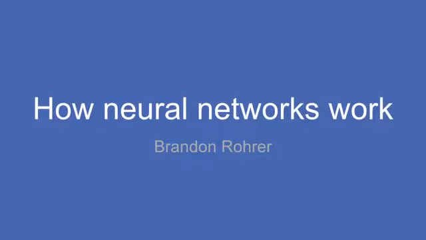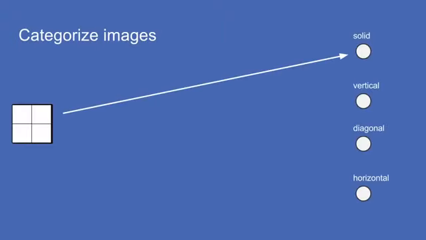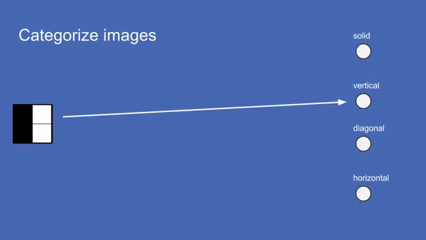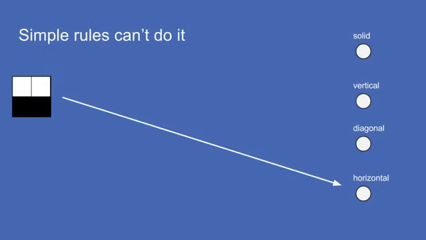Neural networks are good for learning lots of different types of patterns. To give an example of how this would work, imagine you had a 4-pixel camera. So not 4 megapixels, but just 4 pixels, and it was only black and white. And you wanted to go around and take pictures of things and automatically determine whether these pictures were of a solid all white or all dark image, a vertical line, a diagonal line, or a horizontal line.